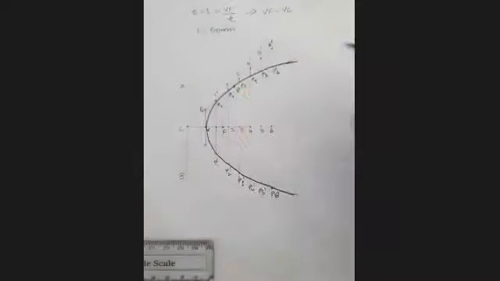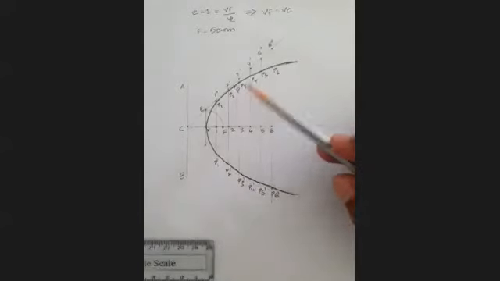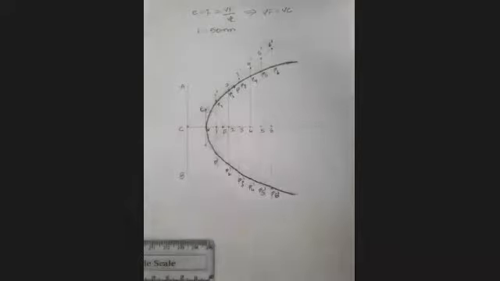So in order to draw a normal and tangent at any point on the curve, first select a point P anywhere on the curve. I've selected point P here. This is my point where I have to draw normal and tangent.